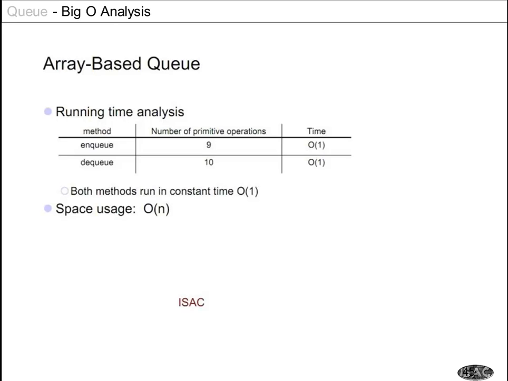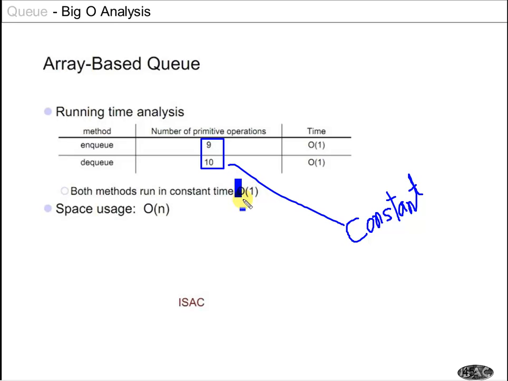Because it is constant, the order of the algorithm for enqueuing and dequeuing for a queue is order 1, and for space it is order n.